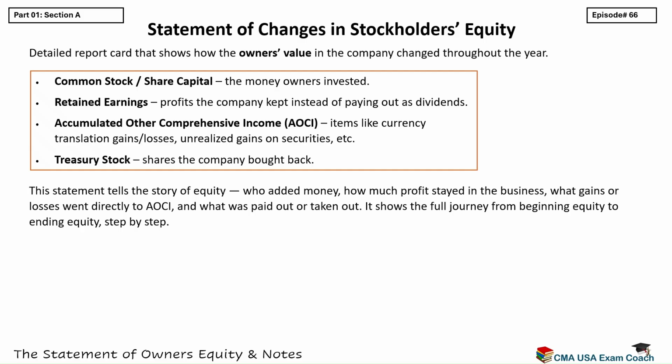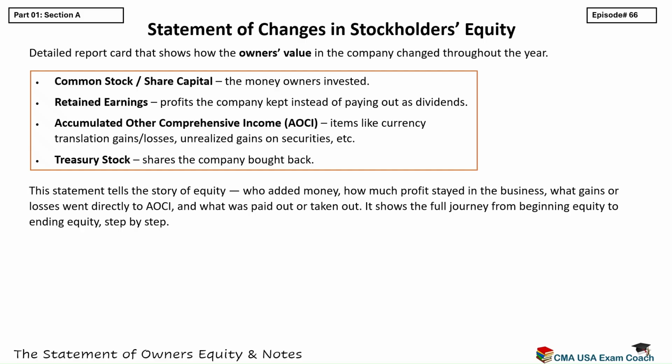Then it shows every change that happened during the period, such as net income added to retained earnings, dividends paid reducing retained earnings, new shares issued increasing share capital, share buybacks increasing treasury stock, which reduces total equity, OCI items added to AOCI. After listing all those changes, the statement ends with the closing balance, which ties back to the equity section on the balance sheet.